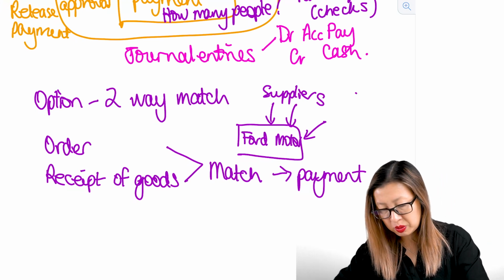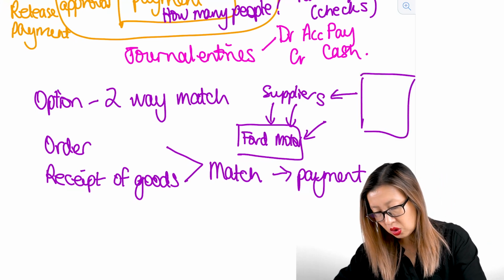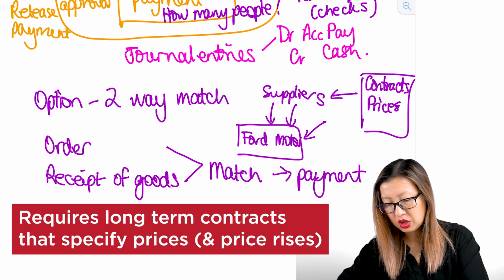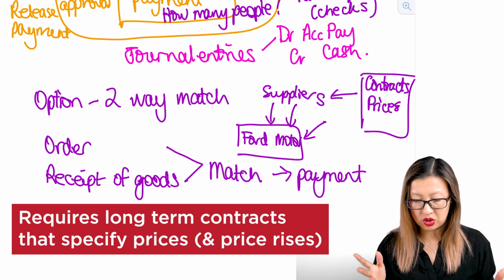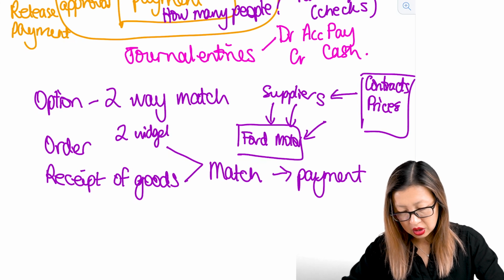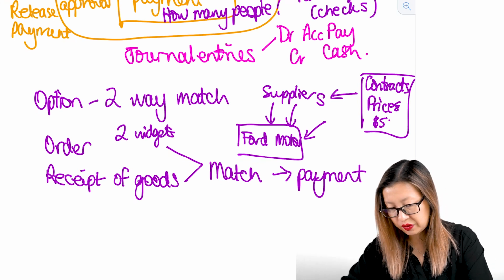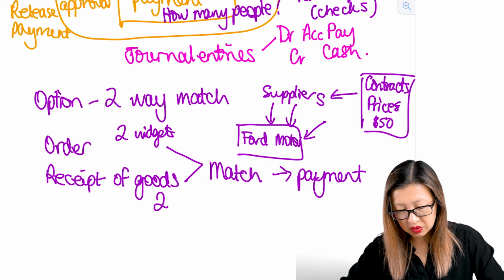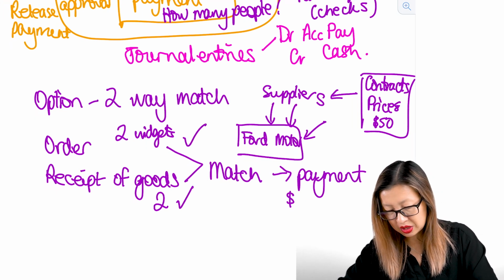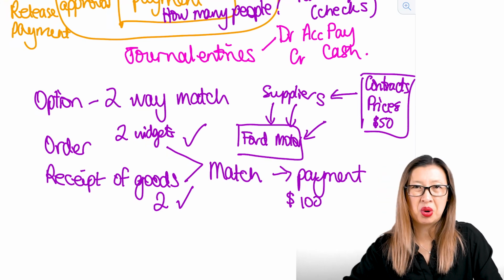Well, that's typically because the suppliers all have dedicated contracts that tell you about prices for things, and the prices are governed by those contracts. So if I ordered 2 widgets and my contract says that widgets are $50 each, as soon as I receive the 2, then I've got a match, and then I'm going to send them payment for $100 automatically.